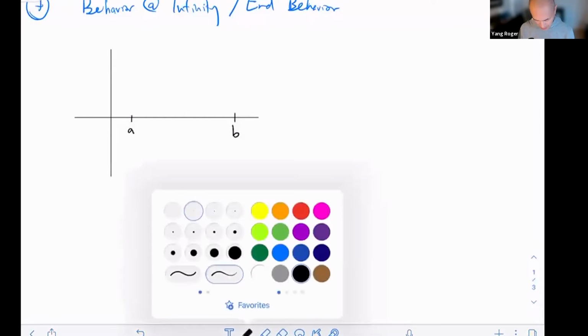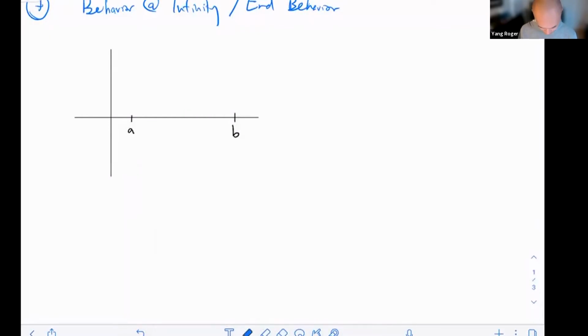And let's say that my graph looks like this. Starts here, it comes up, comes down. It sort of goes like this. So this is my graph. This is y is equal to f of x.